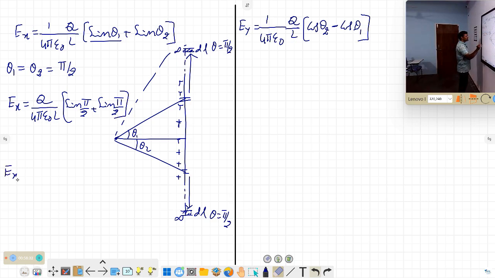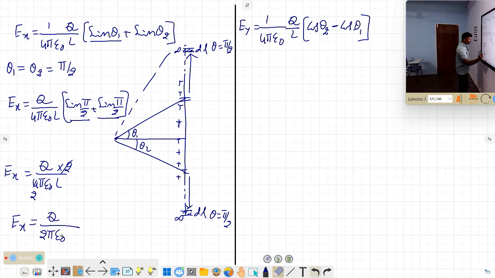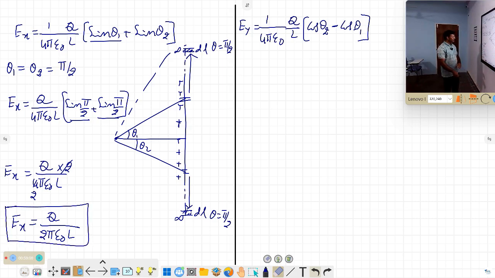So Ex equal to q by 4 pi epsilon naught into L, and you are going to get 1 plus 1 is 2, so the 2 cancels. So the electric field intensity due to this charged wire of infinite length along the x-axis is q by 2 pi epsilon naught into L. This is the answer.